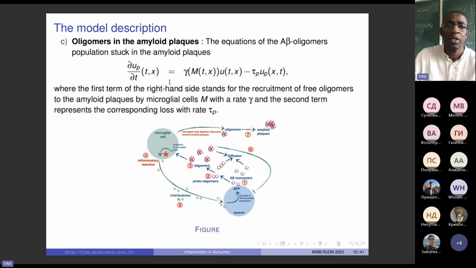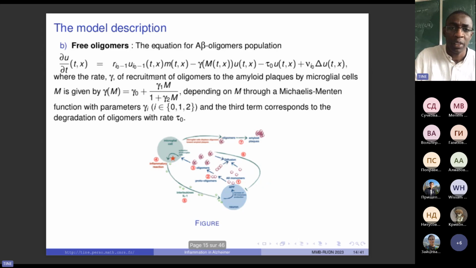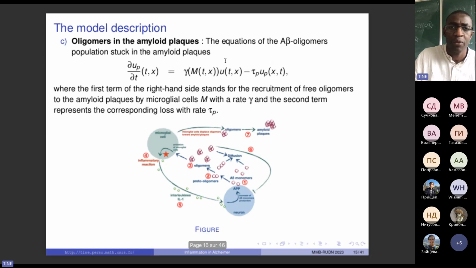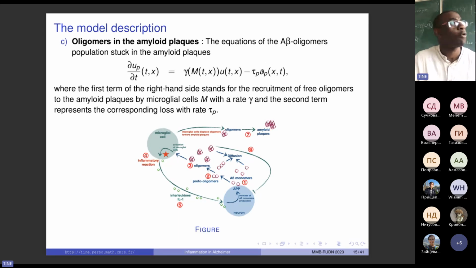What I lose here in the equation for free oligomers, I will gain here in the equation of oligomers in the plaque. Of course, here we also add a degradation, because we assume that there is a process in the brain that can allow the degradation of a part of the oligomers that are in the plaque, right? So this is the equation for oligomers.